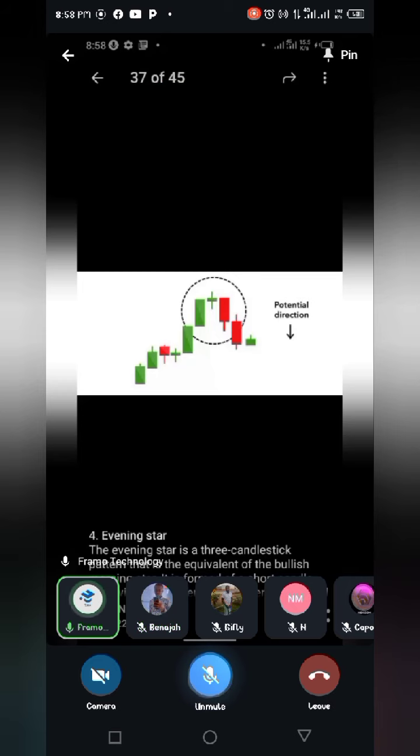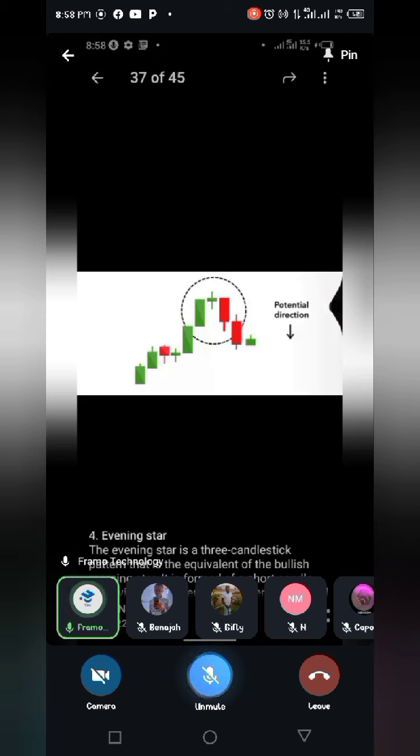So when it happens like this, we can call it an evening doji. The same thing when you go to the morning star, you will see a red doji in between.